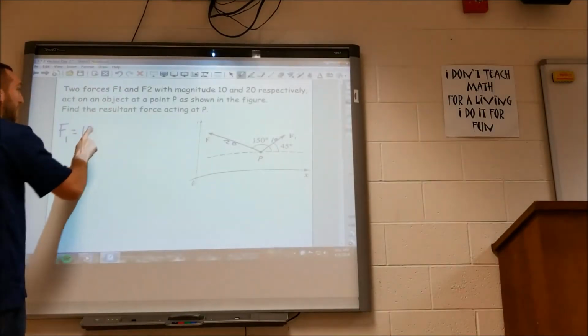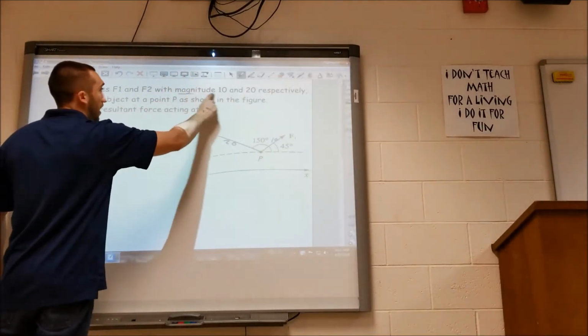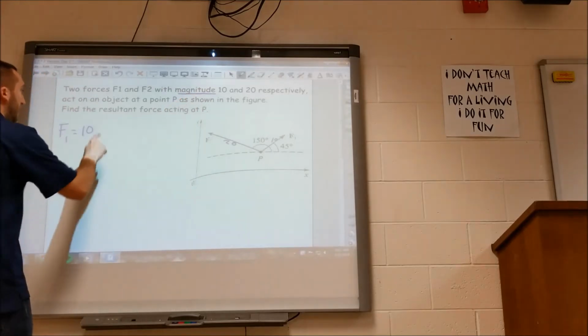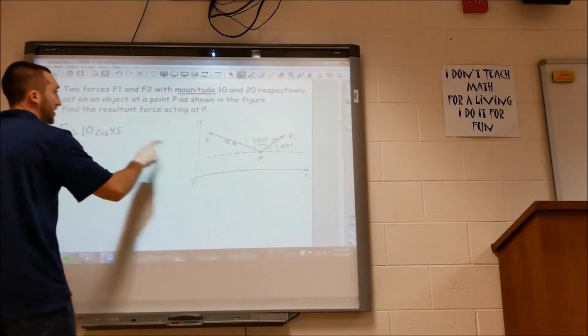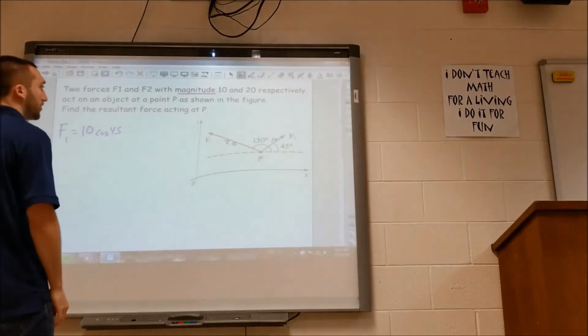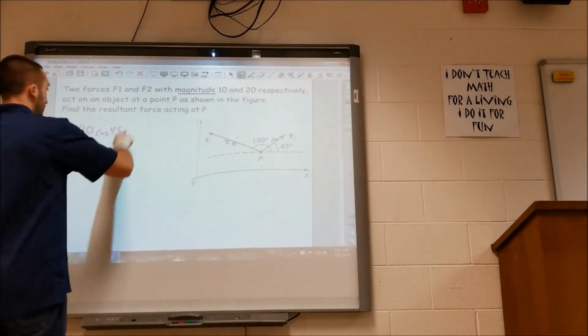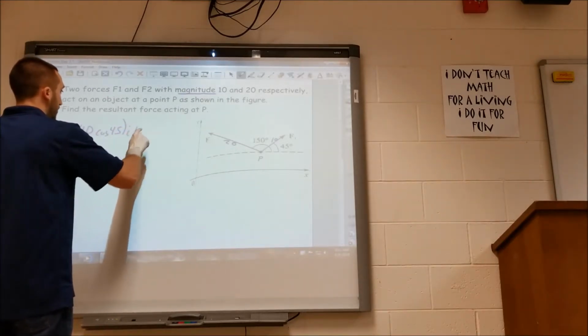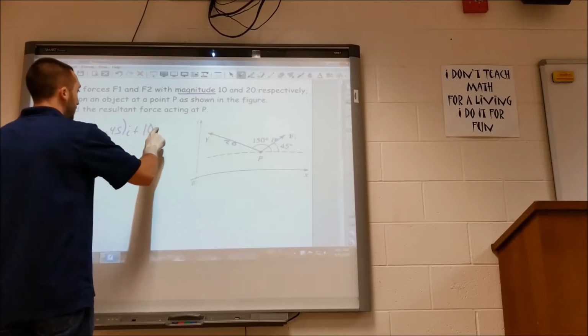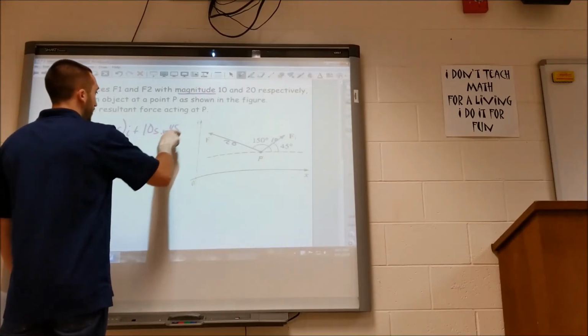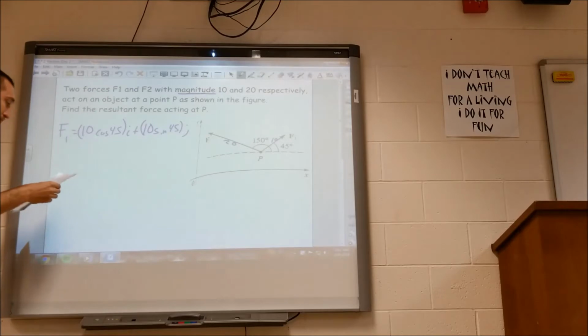So I just take 10, because that's the magnitude, right? That's how hard it's pulling. 10 cosine 45, because that's the angle it's given us, and that is our I component. And we have 10 sine 45, because that's our J component.